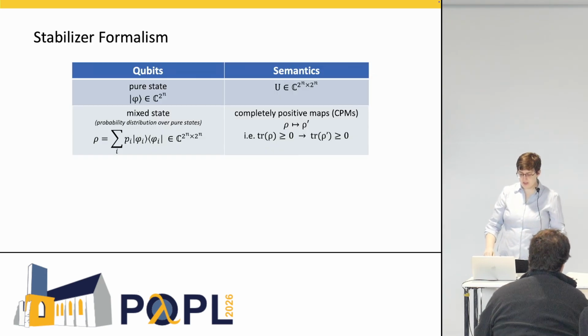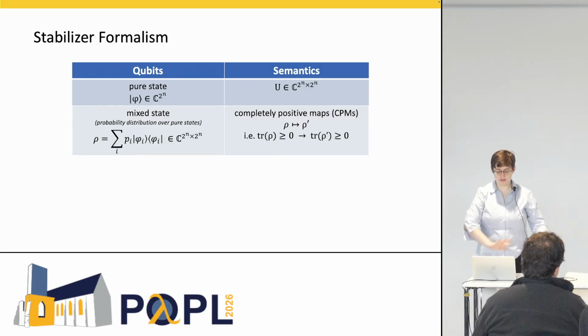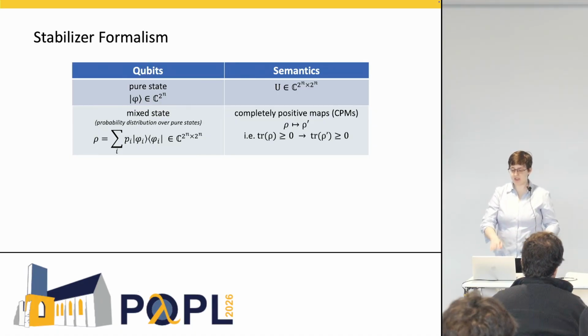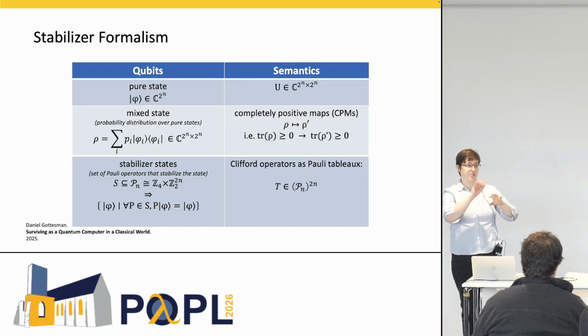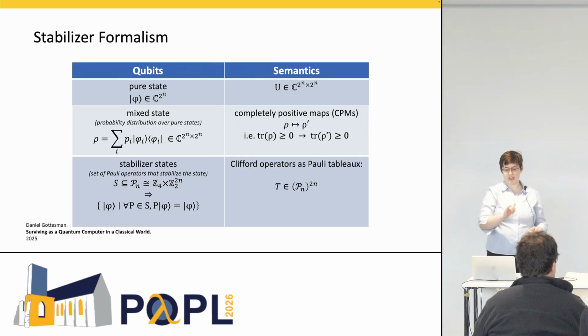If we look back at our different possibilities for semantics of the language, we saw pure states and mixed states. The stabilizer formalism is an alternative, which only applies to certain kinds of operations in the quantum space. But rather than vectors of exponential size or matrices of exponential size, states are now represented by a set of Pauli operators that stabilize the state.